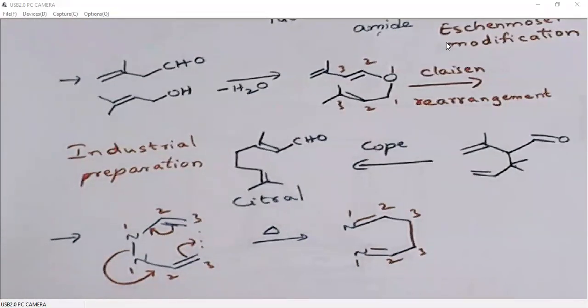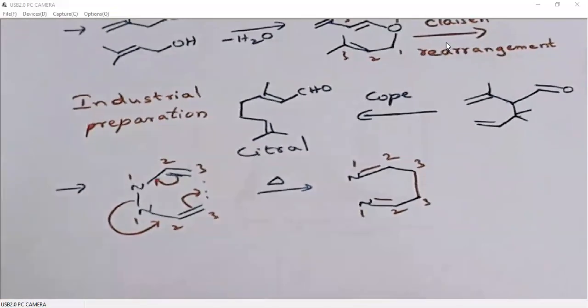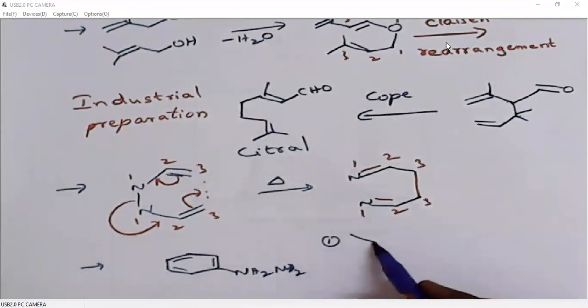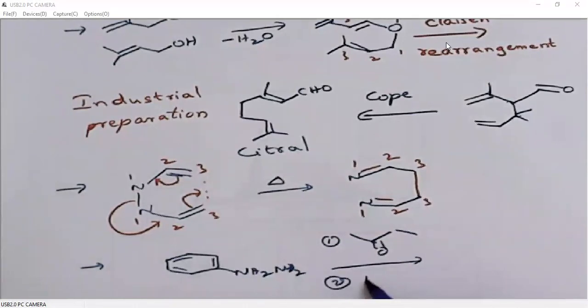In a Fischer indole synthesis, what we will do, we will take a phenyl hydrazine. Phenyl hydrazine is treated with a carbonyl. Then under Lewis acid, it undergoes rearrangement to give the indole.